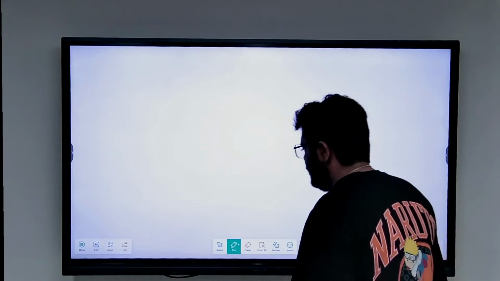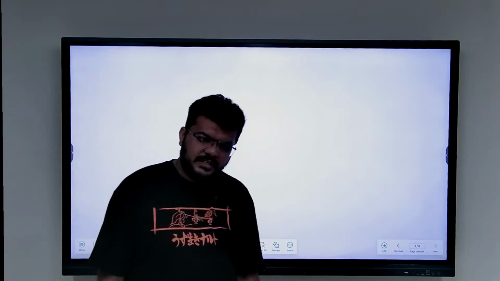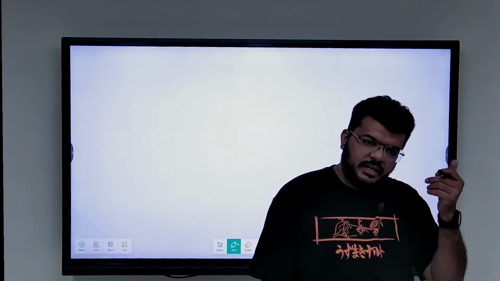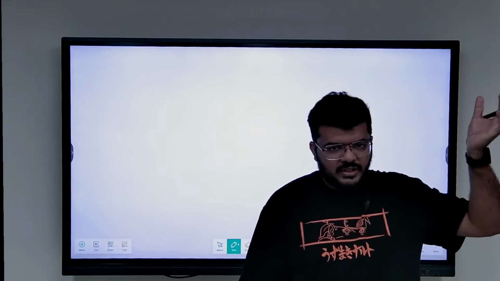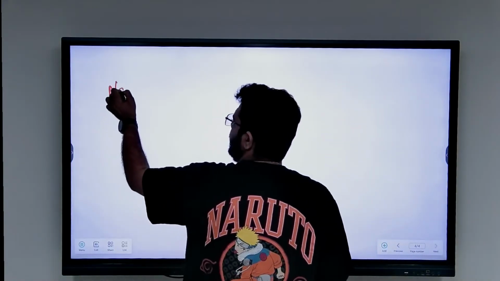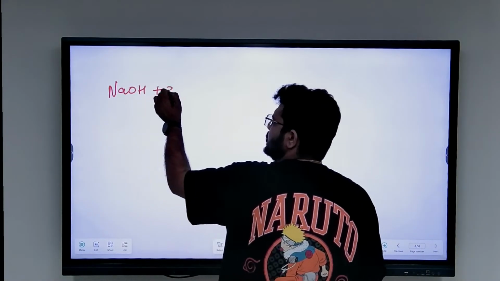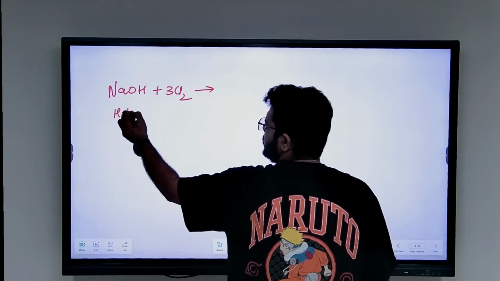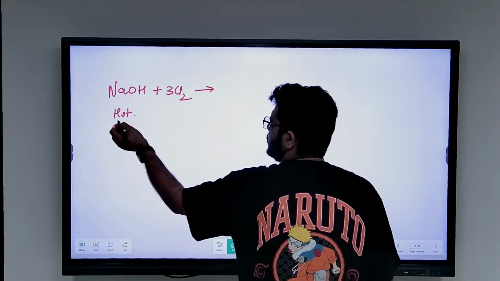One more important thing we will also look in chlorine is that Cl2 reacts with NaOH. NaOH concentrated and hot हो सकता है, cold and dilute हो सकता है ना? So NaOH plus 3Cl2 gives, let's say this is hot and concentrated, then what are the products?